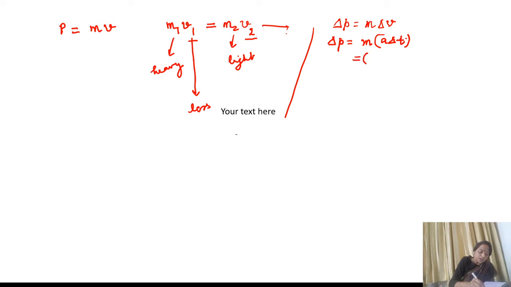So it is m a delta t, or I can write delta P over delta t is equal to m a, which is force.